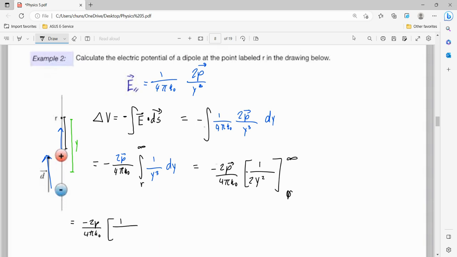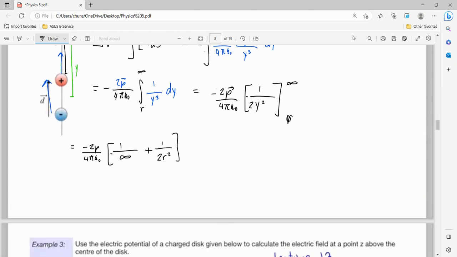So that's negative 1 over infinity, because it's still going to be a pretty big number whether you multiply by 2 or not. And this is equal to plus, because it's minus minus, our 1 over 2r squared.